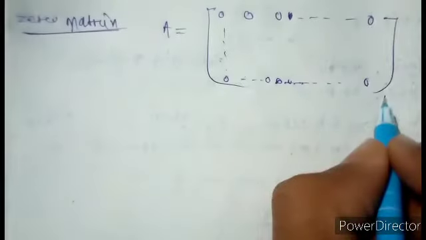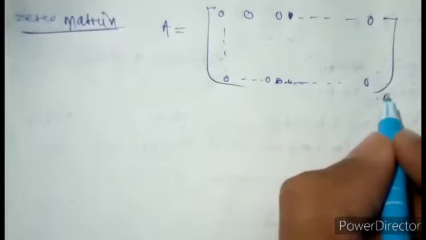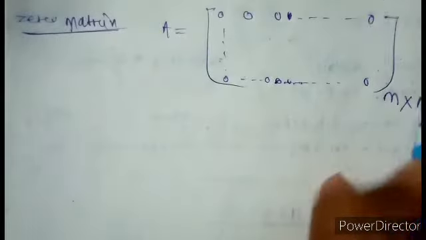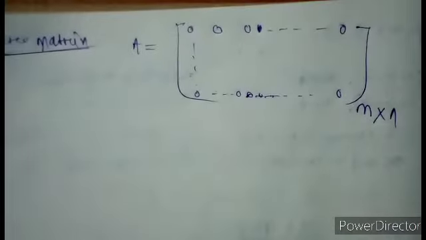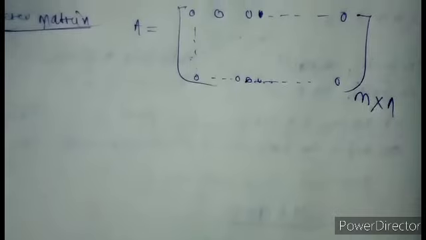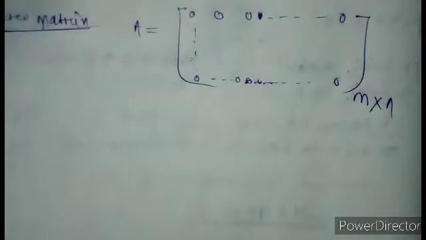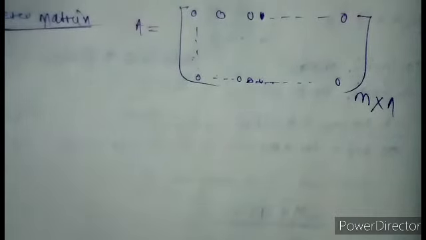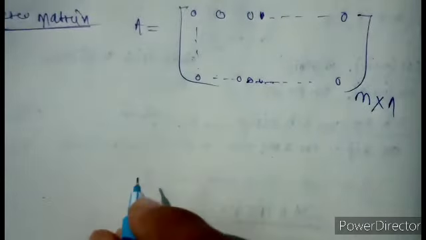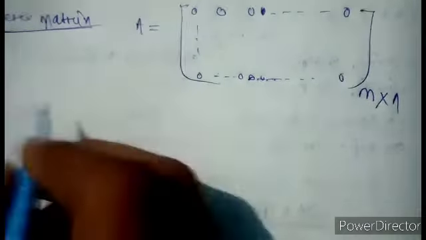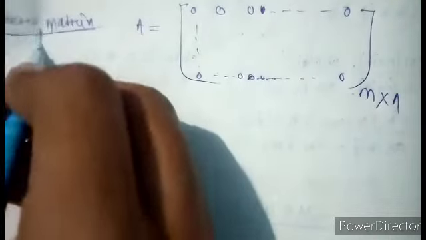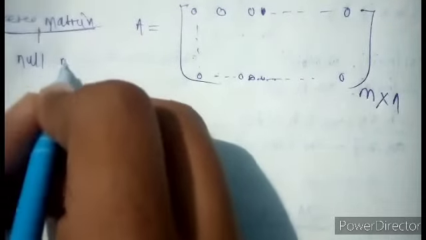The order of this matrix is m cross n, and all the entries of all rows and columns are 0. The zero matrix is otherwise said as null matrix.